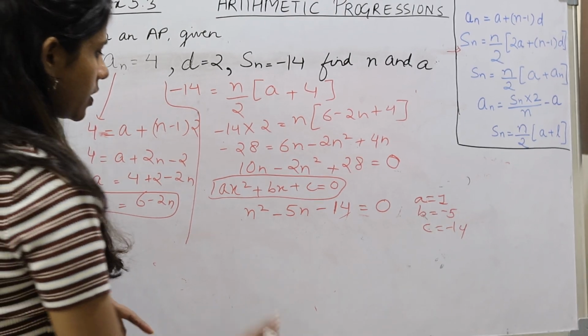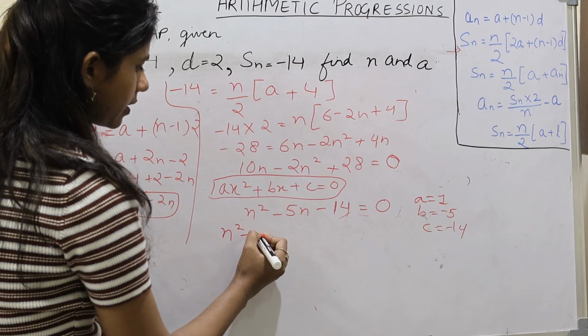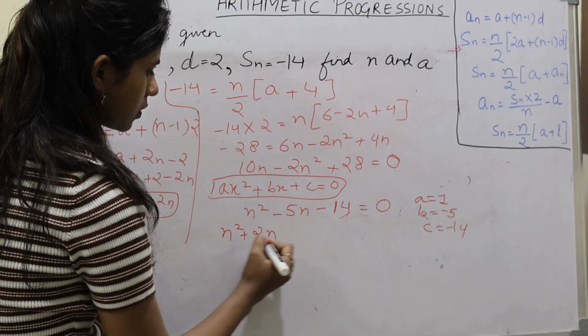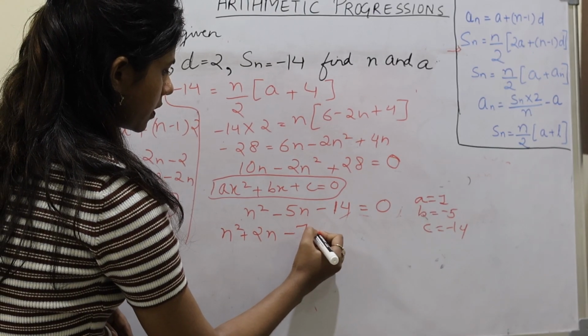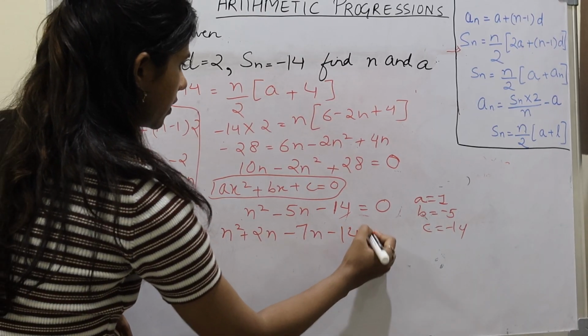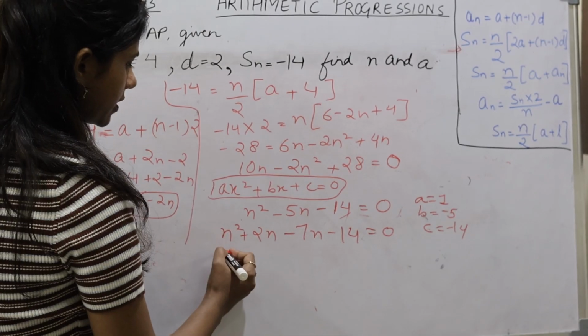Alright, it suits. So I'm just breaking it and writing it in a way: n squared minus 7n plus 2n minus 14 equal to 0. Correct? We can write it in this way. Let's take common.